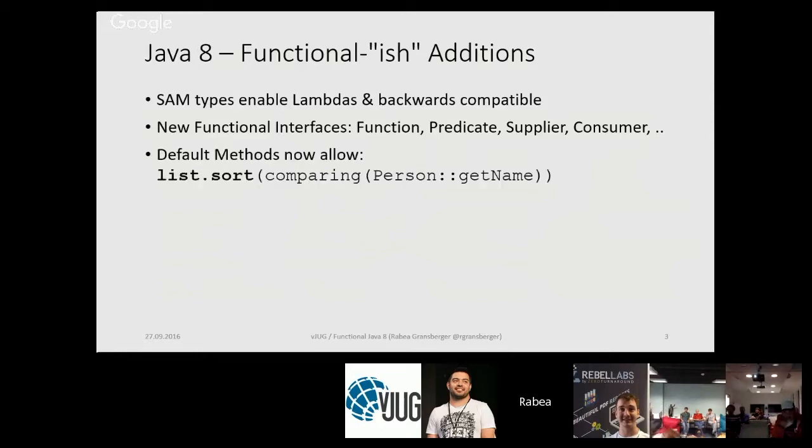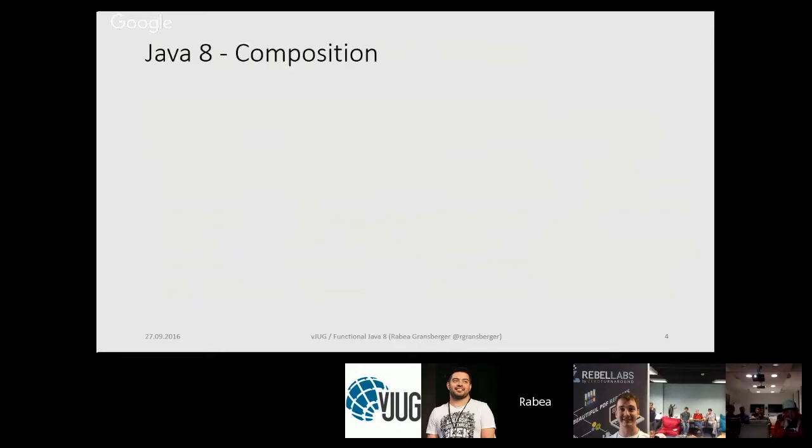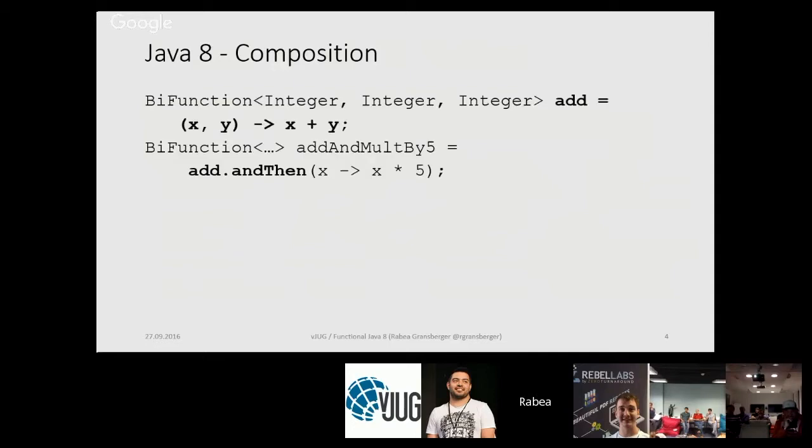And then we also have default methods, which now allow us to call the sort method directly on the list and sort it, instead of going the way over the Collections class, which is also very nice. Also, functional languages usually allow you to compose functions. This is how we do it in Java now.